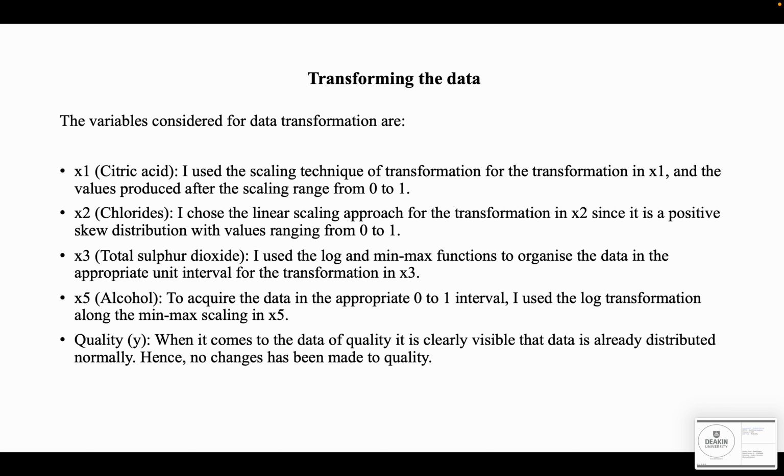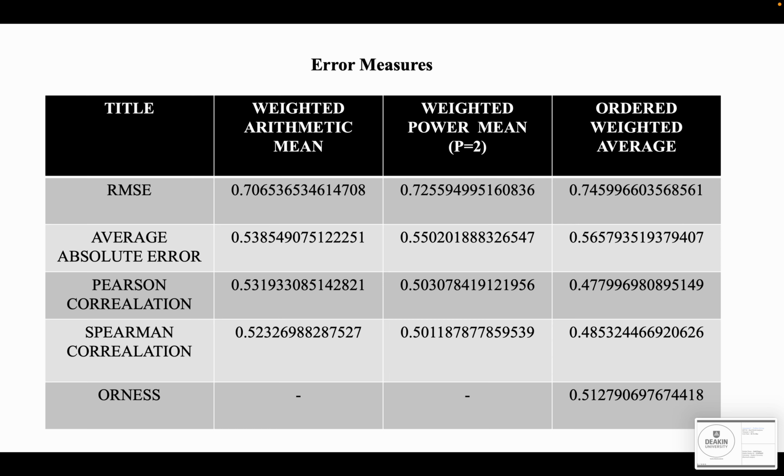In the total sulfur dioxide, I have used log and min-max functions. In the alcohol, to acquire data in the appropriate 0 to 1 interval, I have used log transformation and min-max scaling. When it comes to quality, the data is clearly already normally distributed, hence I haven't made any changes to it.